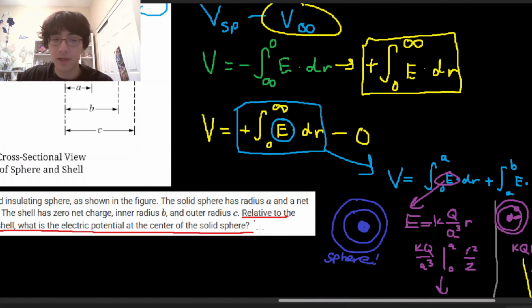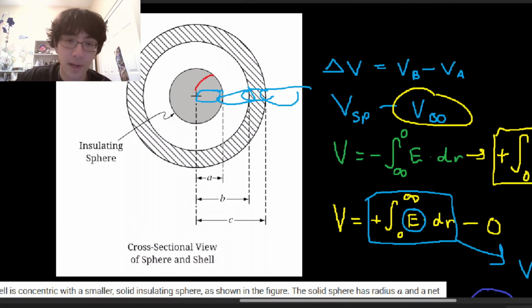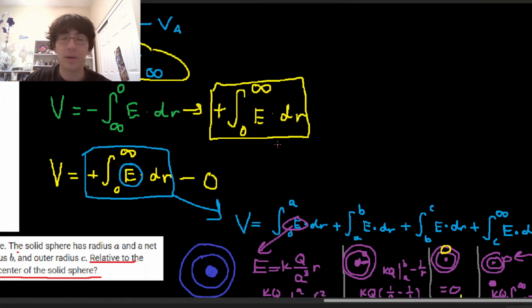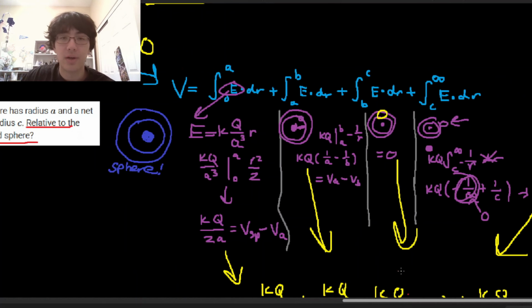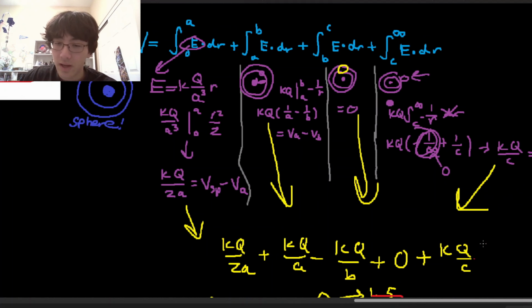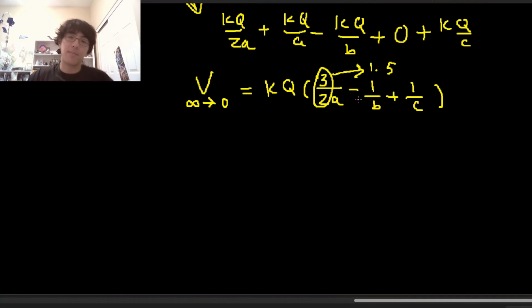We had to split this whole thing into 4 different parts using the additive property of integrals. The reason is that the electric field was different from 0 to A, from A to B, from B to C, and from C to infinity, because the charges were distributed differently. E was not one single value that we could integrate. All we did was solve for each of the integrals independently, find each of the independent potentials, and then add them back together. Then it's just algebra.